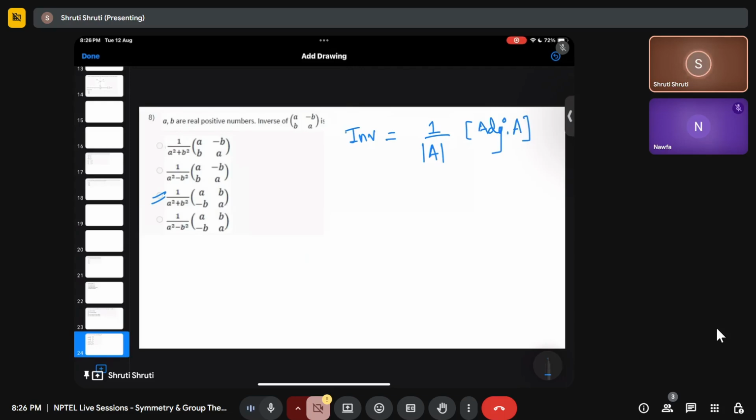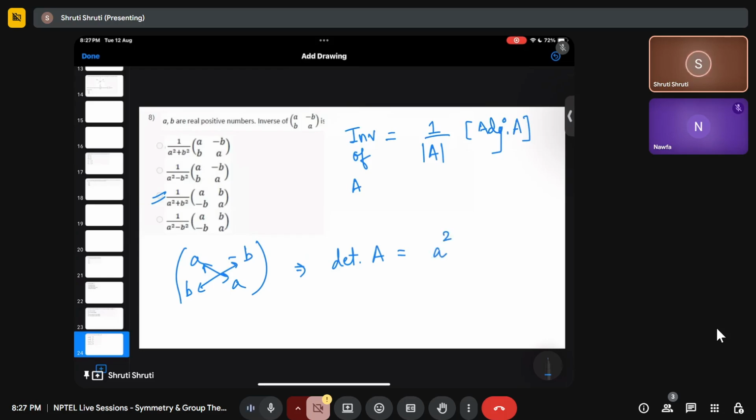This is how you find inverse, right? The inverse of a square matrix A will be given by 1 over determinant of A into adjoint of A. So if this is the matrix, the determinant will be this multiplication minus the off diagonal elements.